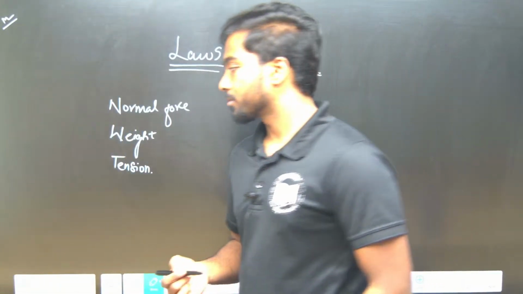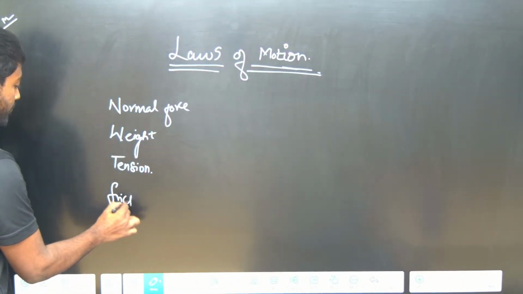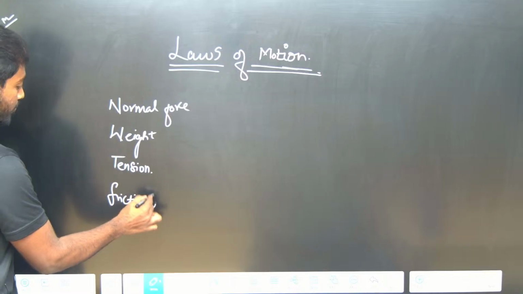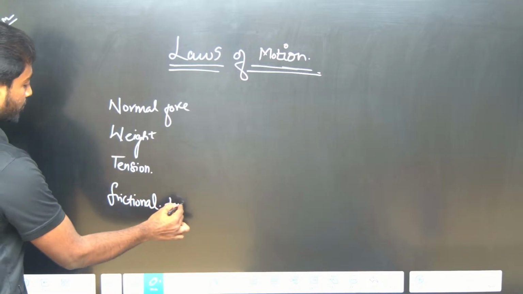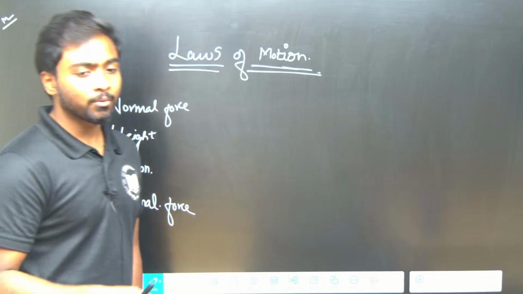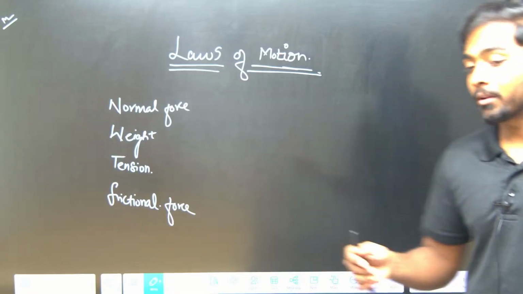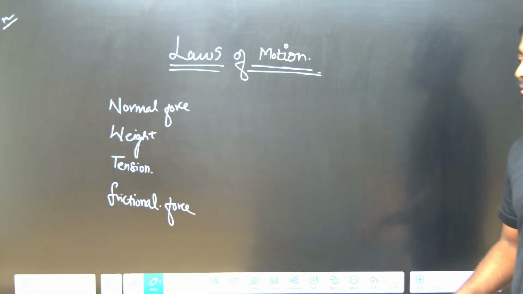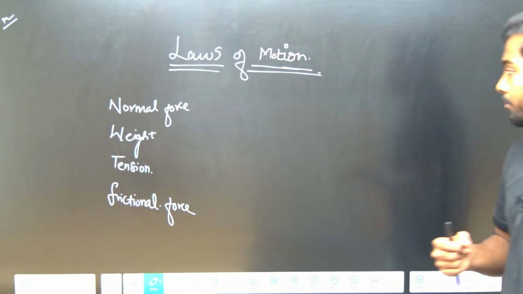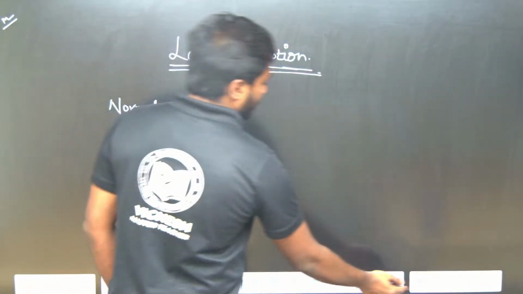Frictional force. Yes, frictional force. So we were discussing how the forces will act and in which direction and when the forces will act. Everything we were discussing. Now we will move on to the next topic. Equilibrium also has been completed, no?